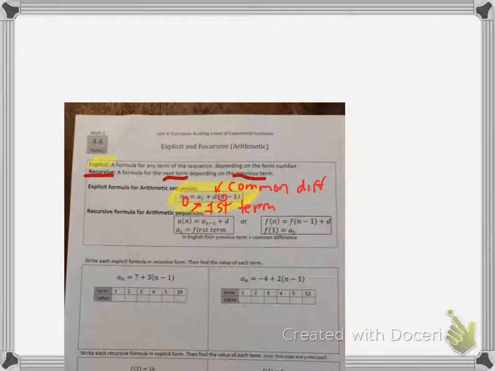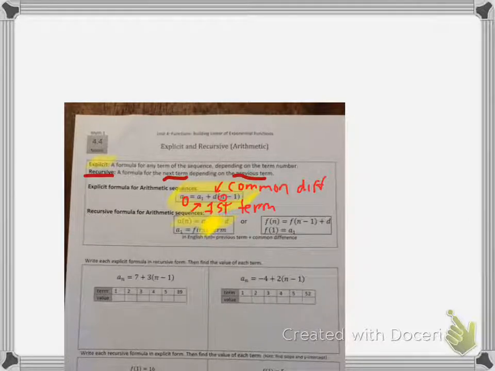In the recursive formula, this notation is kind of funny and you've probably never seen it before. The a parentheses n is what number of term you are looking for. So the 100th term would be a and then parentheses 100. In order to find the 100th term, you would have to take the 99th term.